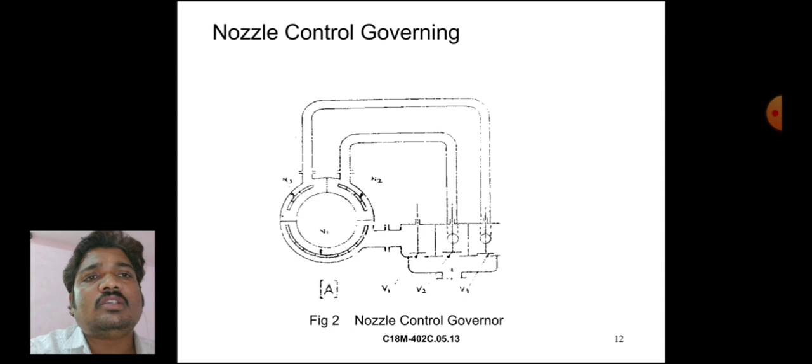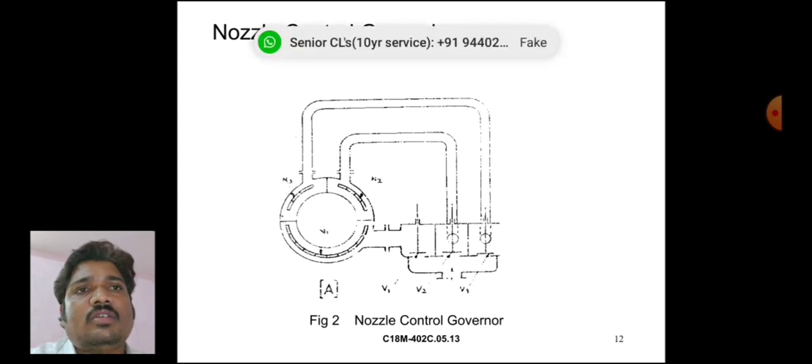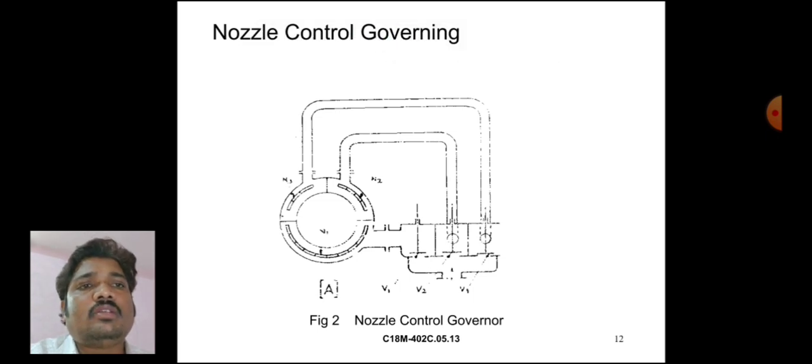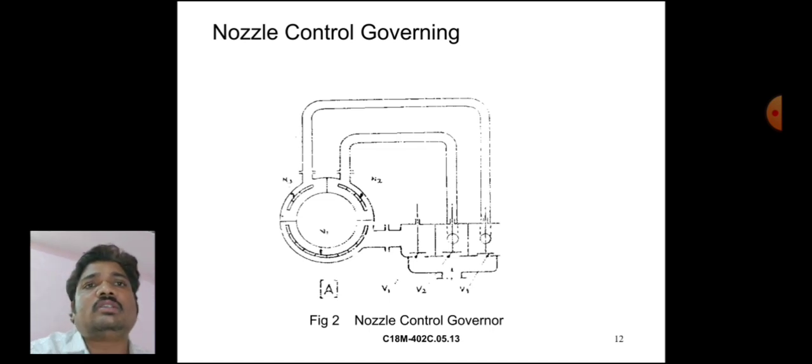The steam is supplied through the pipe to the nozzle setup, which is N1, N2, N3, and the valves are V1, V2, V3. Through this, the turbine will be rotating. This is nozzle control governing as shown in this figure.